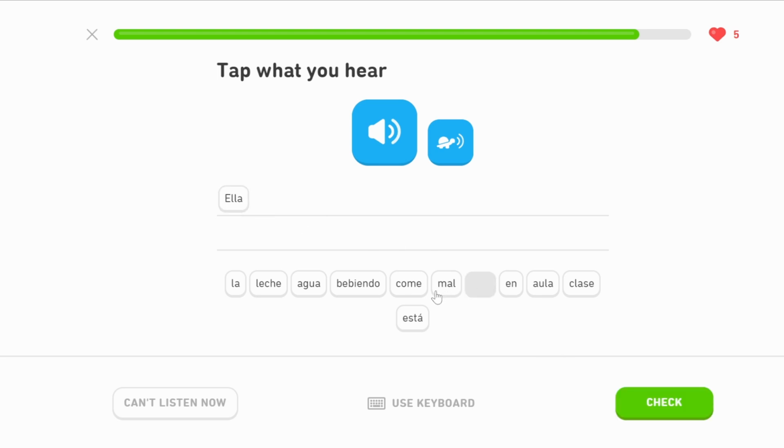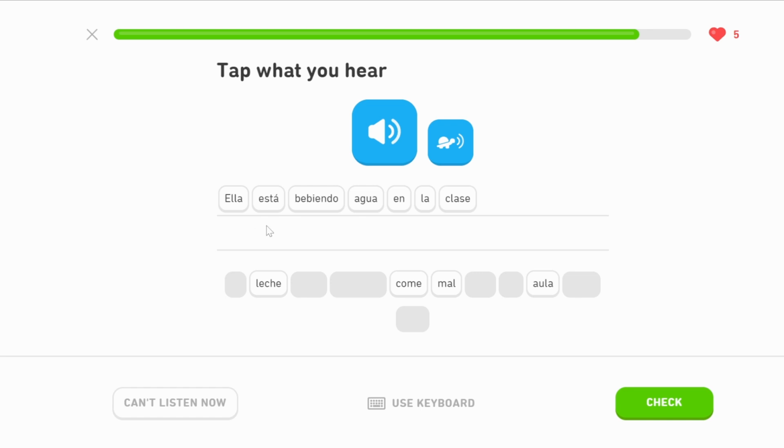Ella está bebiendo agua en la clase. So you can hear, I'll let you hear it slowly. Ella está bebiendo agua en la clase. Okay, so I missed something out there. Agua. So what this means is ella is she.